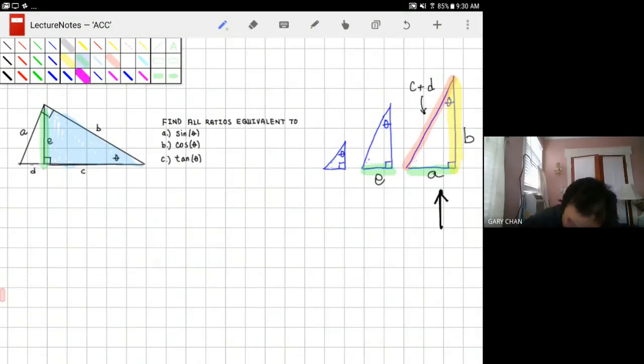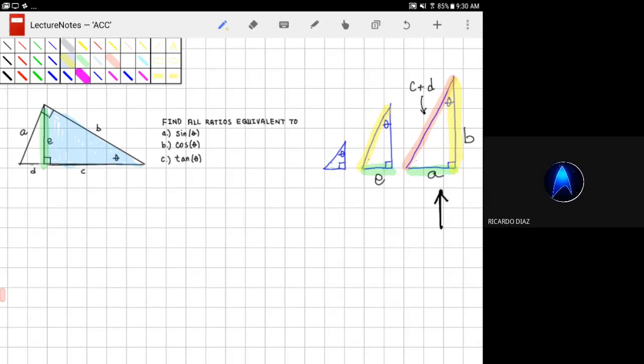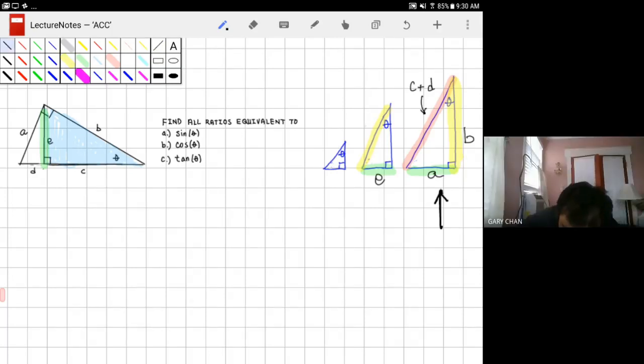Ricardo, which side is the hypotenuse in that blue triangle that I highlighted? The blue triangle, side B is the hypotenuse. Excellent. So I want to write this as B. And this side, that's the hypotenuse, and that is indeed B.